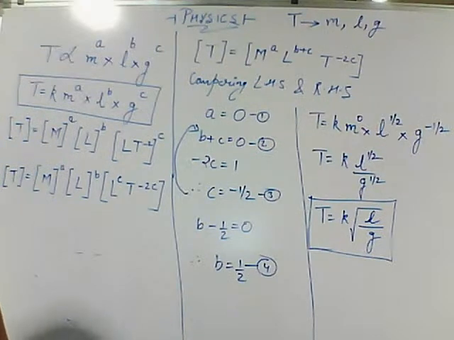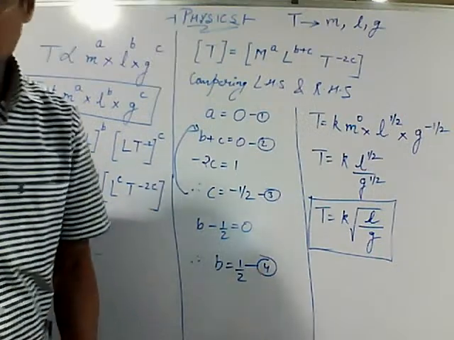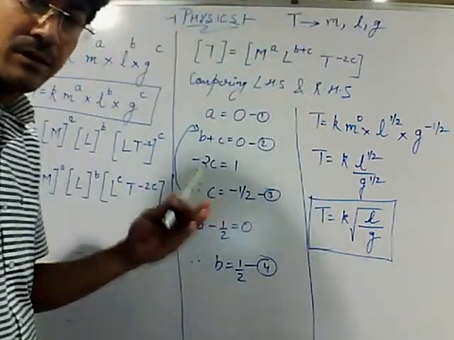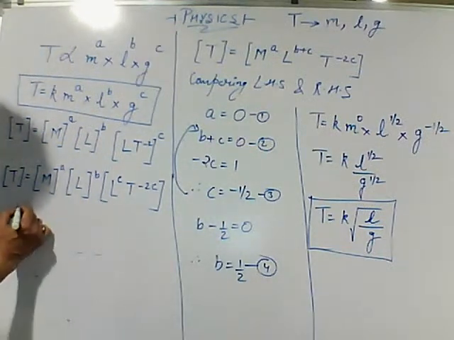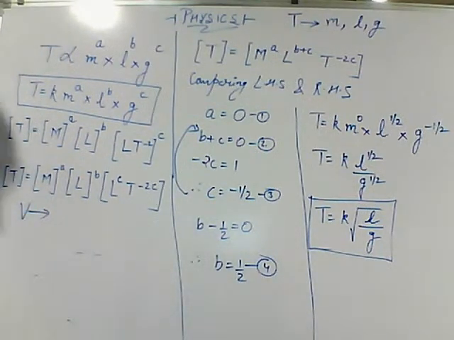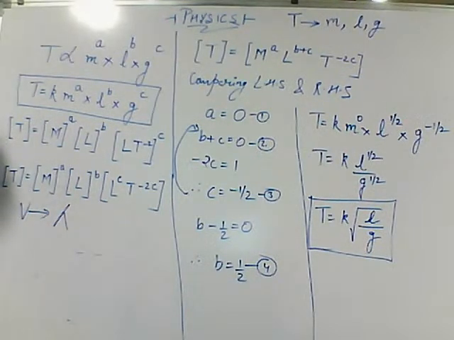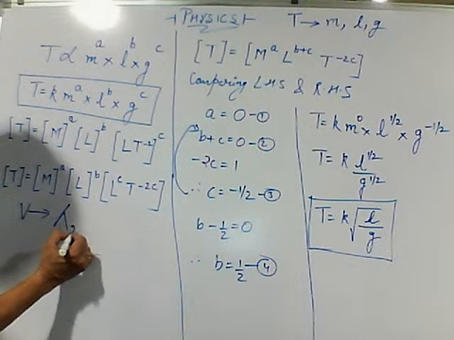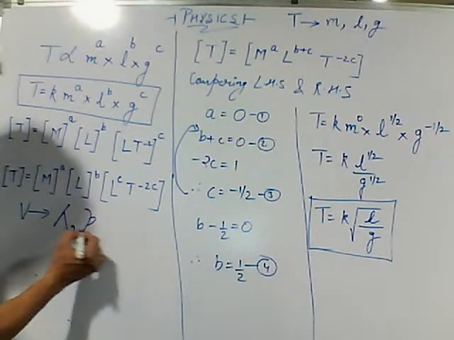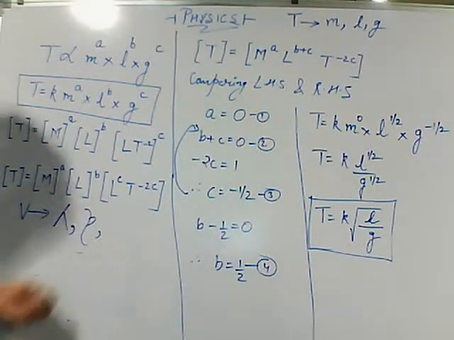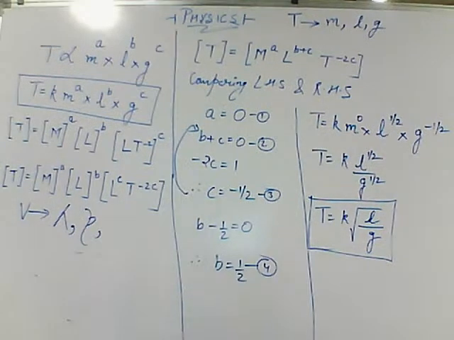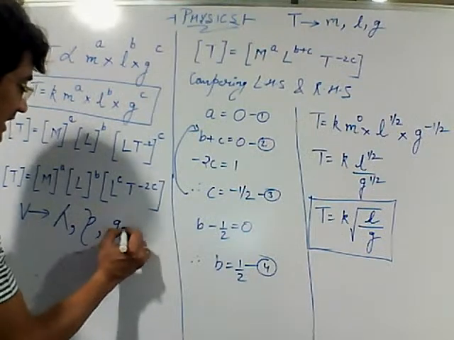The velocity v of water depends on wavelength lambda, density rho, and acceleration due to gravity g.